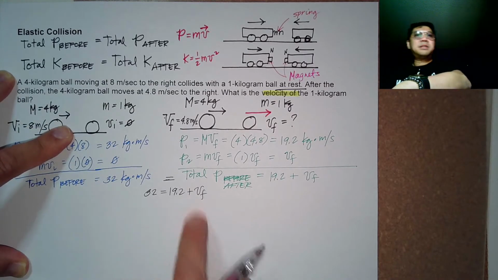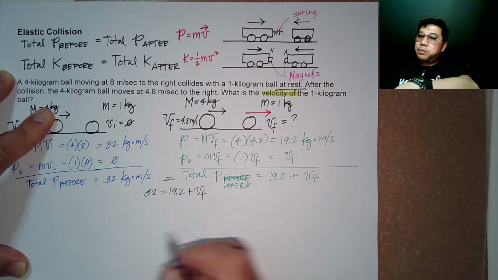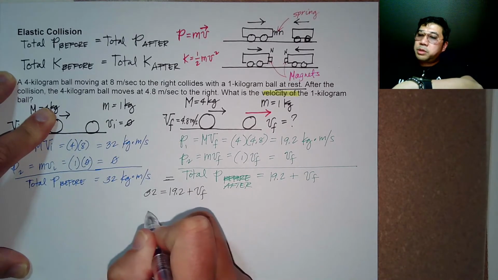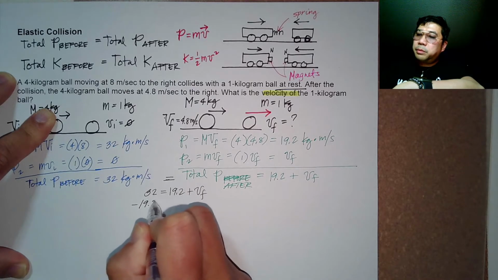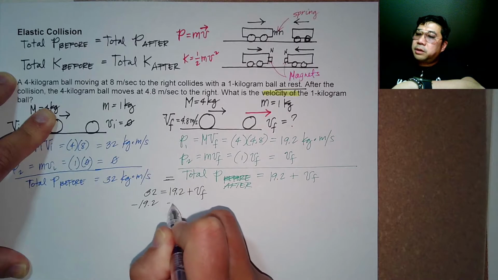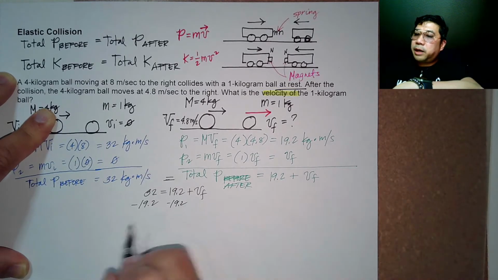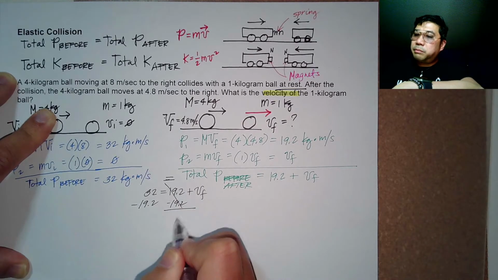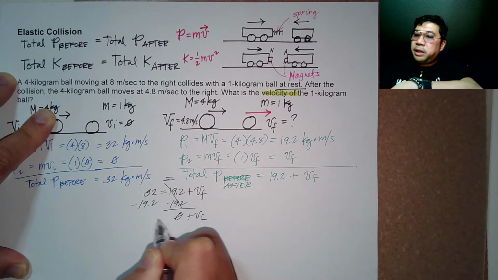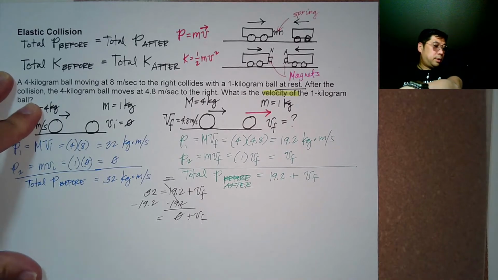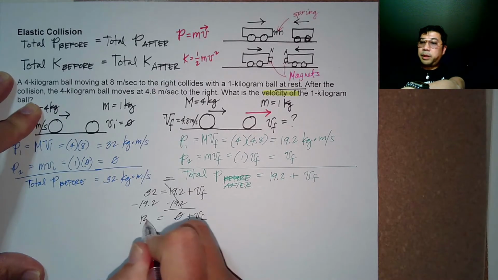Let's simplify this mathematically. All we have to do is subtract 19.2 on both sides. So I will subtract 19.2, and over here is negative 19.2, so this will give us 0 plus v sub f, and that is equivalent to 32 minus 19.2, which is 12.8.